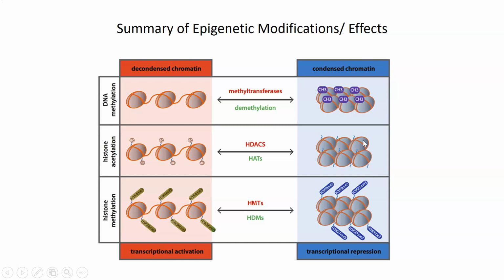Deacetylation favors condensed nucleosomes. Histone methylation can favor either decondensed in some cases, so for lysine 4 on histone H3, or condensed nucleosomes for other locations, histone H3, lysine number 9.